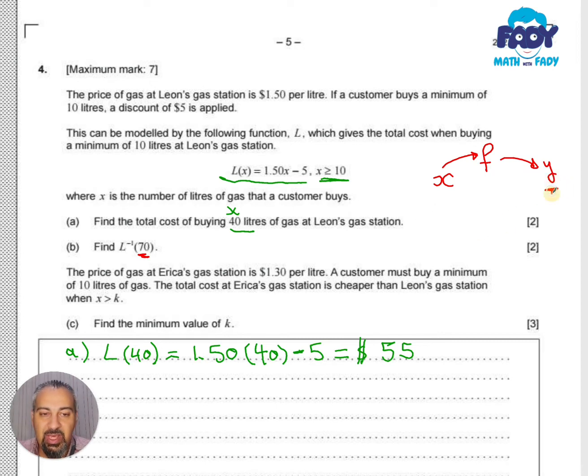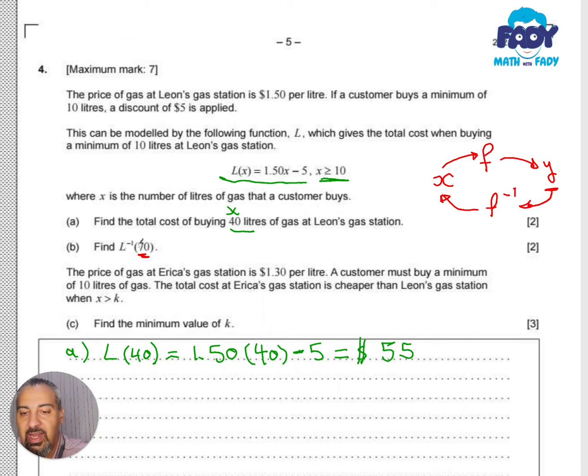So this result we input into the inverse to get x. Means the 70, the input of the inverse, originally this is the output of the original function.